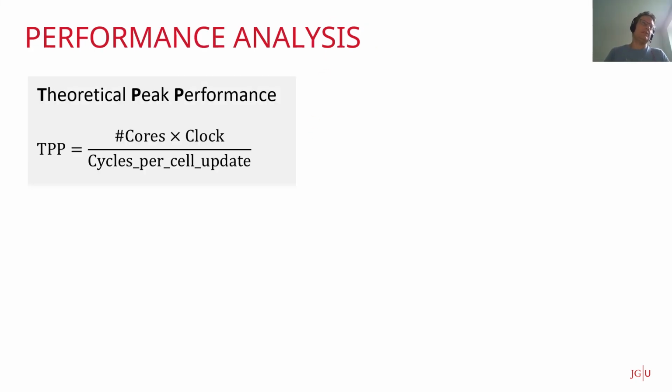So we have seen that AnySeq GPU outperforms the other libraries, but how good are these results actually in absolute terms? To evaluate this, we did a theoretical peak performance analysis where we took the number of cores times the GPU boost clock divided by the cycles per DP matrix cell update, which should give us a theoretical peak performance.